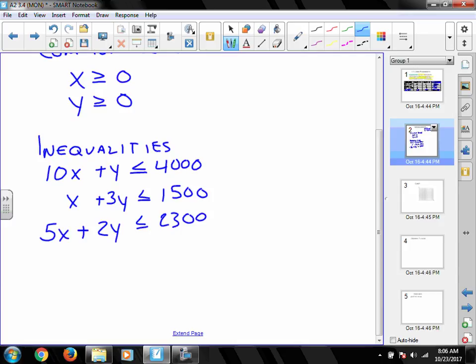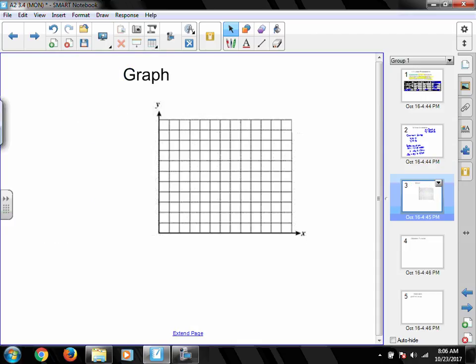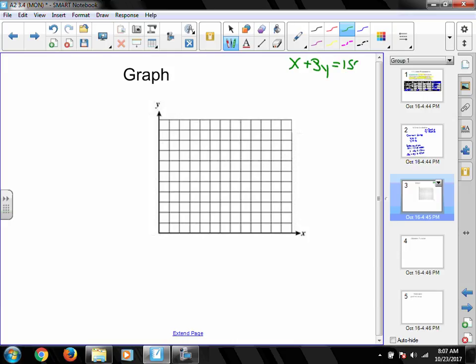Now, we need to graph these. This is the best way to find where that feasible region is. First one I'm going to graph, x plus 3y is equal to 1,500.